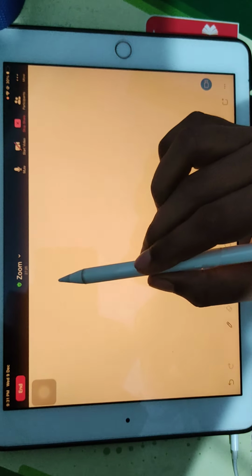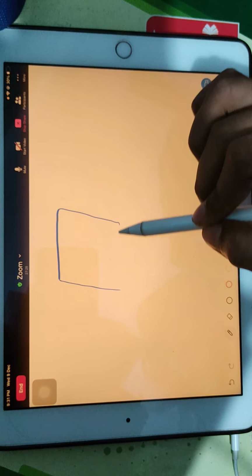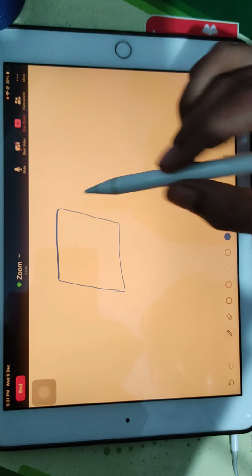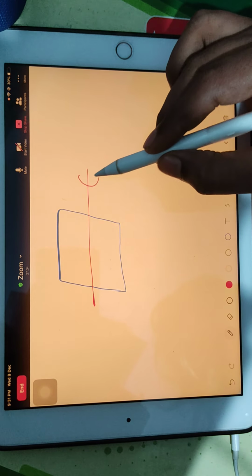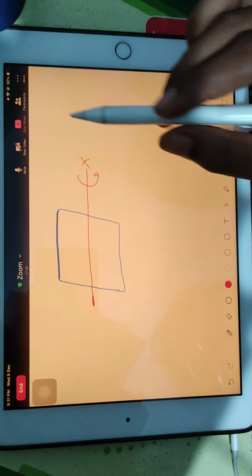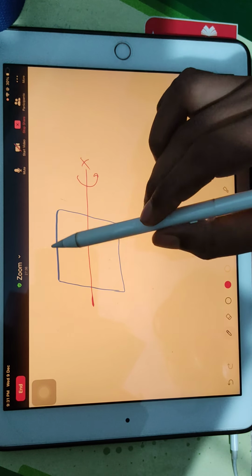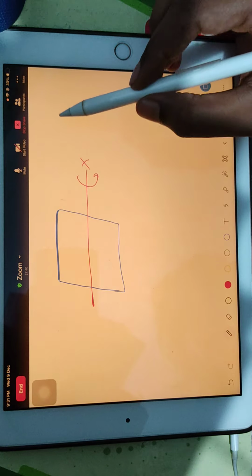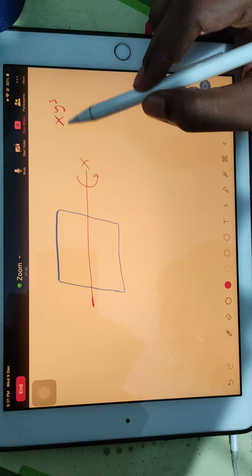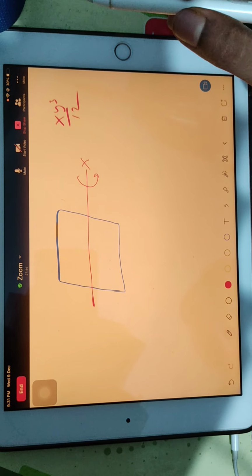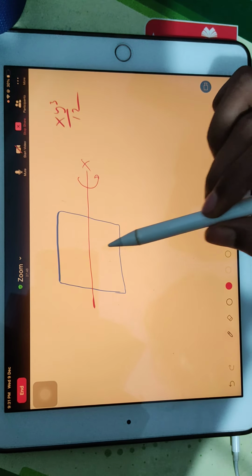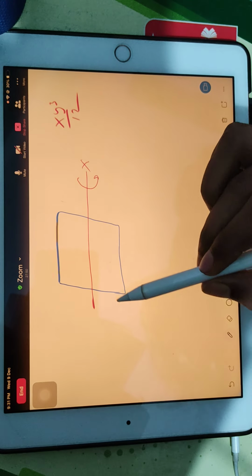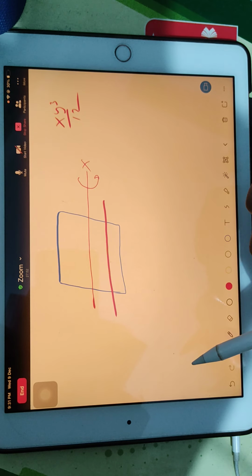Let's understand now the parallel axis theorem. Suppose the same rectangle. When the same rectangle rotates about the x-axis, then x will be constant, y cube divided by 12. But what if the same rectangle is not rotating about the x-axis but any other axis which is parallel to x?